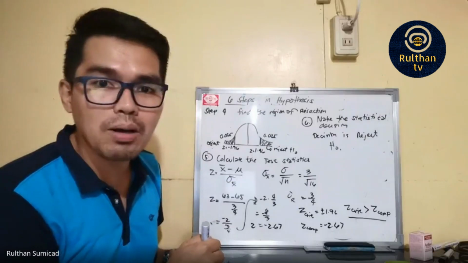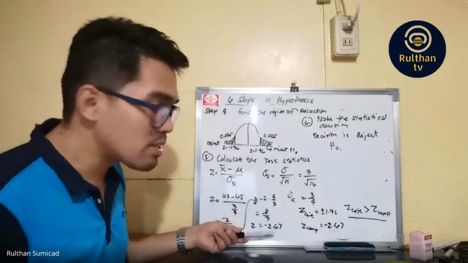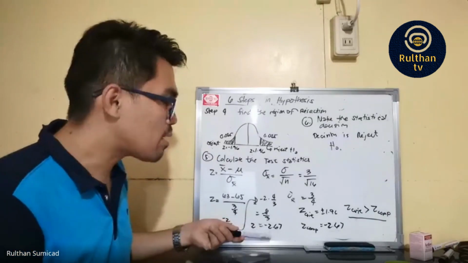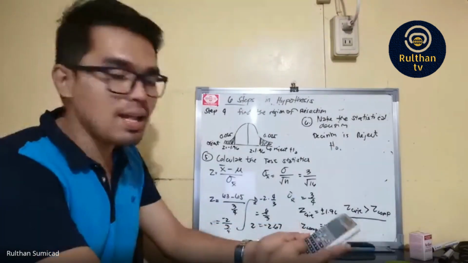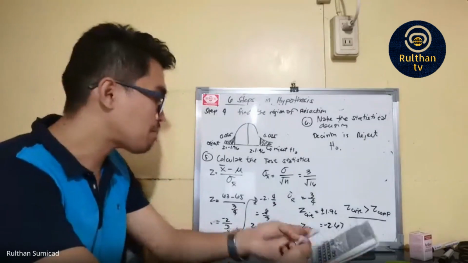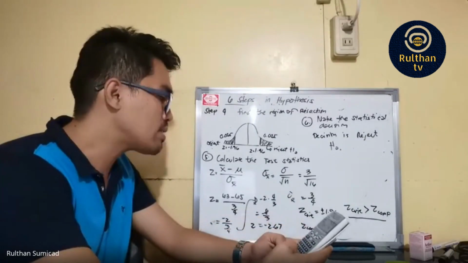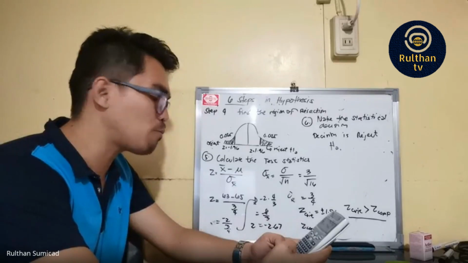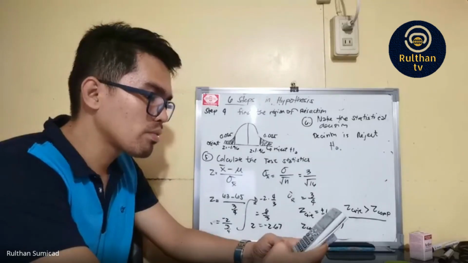How do we get our p-value for this one? Our p-value is computed like this: you have negative 2.67. What is the probability distribution of 2.67? Look at your table. It is 0.4972.